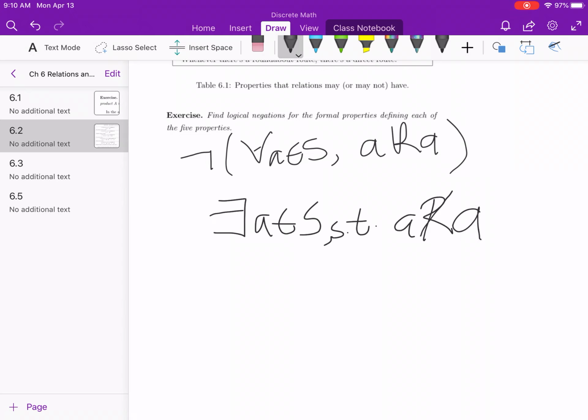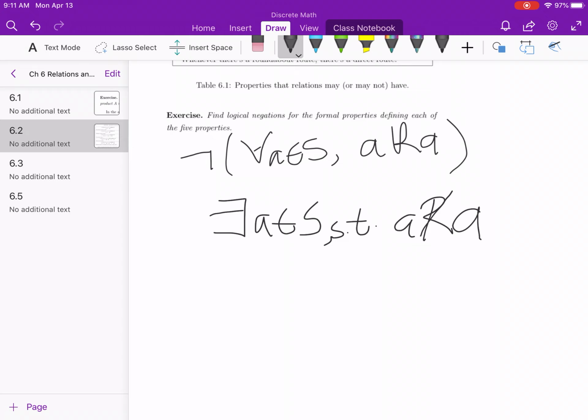Because remember, when we negate a universal statement, we get an existential statement, and then we negate A is related to itself. So all they're saying is that there is some A in S such that A is not related to itself.